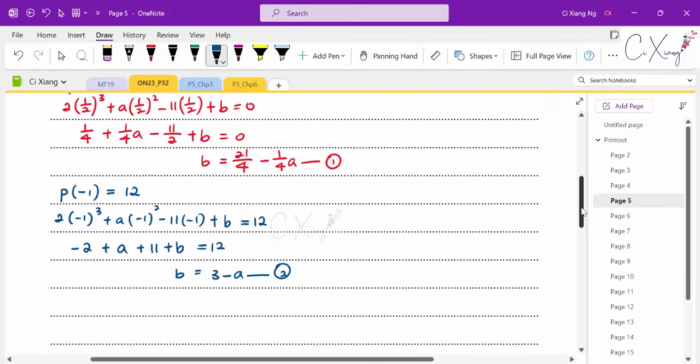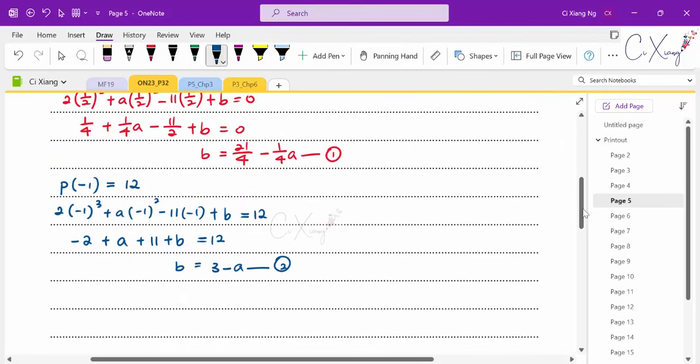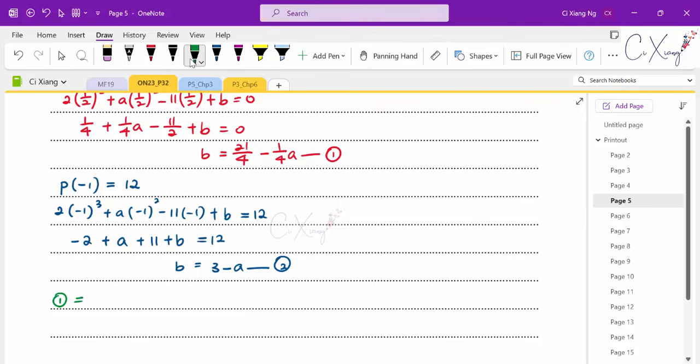Okay, since I successfully got two equations from the information provided in the question, now I can solve them simultaneously to get the answer. So I will let 1 equal 2. So 21/4 minus 1/4 a equals 3 minus a. From here, very easily, with some simple calculation, my a should equal -3.